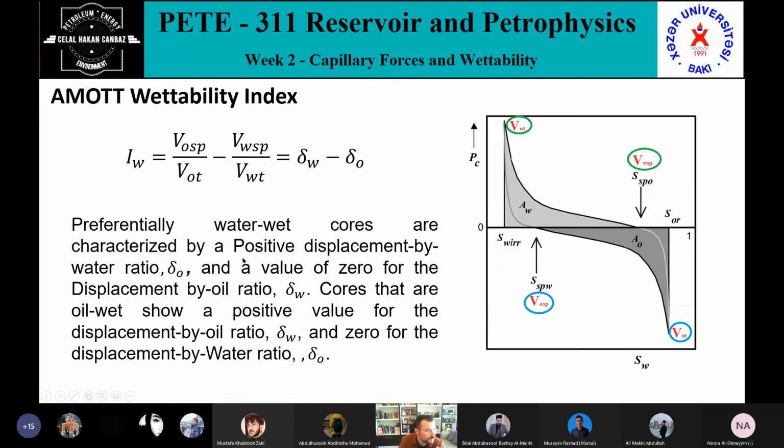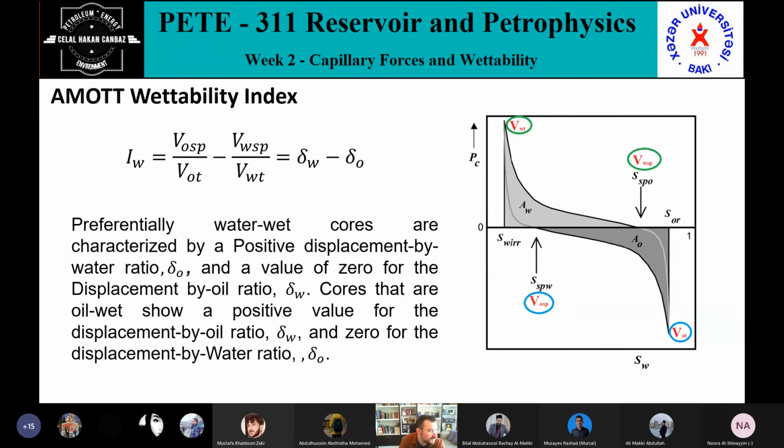It's written here as well. Preferentially water-wet cores are characterized by a positive displacement-by-water ratio and a value of 0 for the displacement-by-oil ratio. Cores that are oil-wet show a positive value for the displacement-by-oil ratio and 0 for the displacement-by-water ratio.